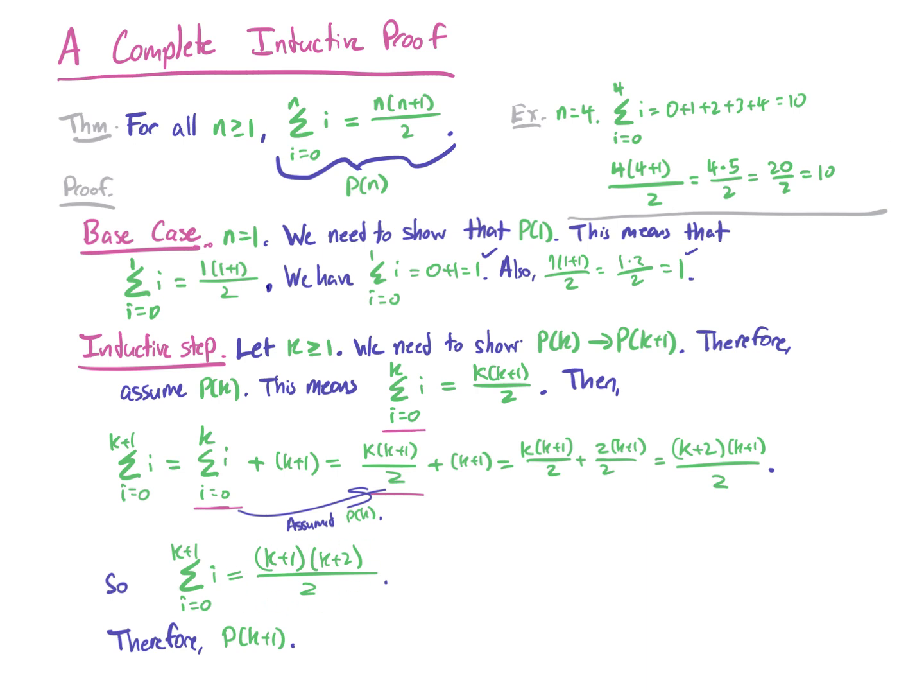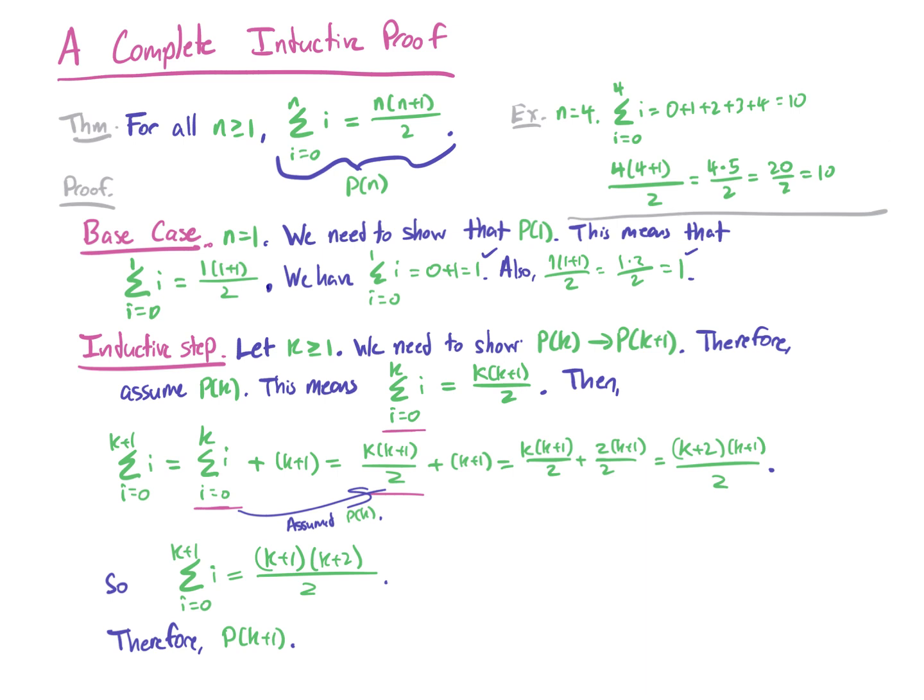So once I've set up my scaffolding correctly, especially in my inductive step, I know that I want to show an implication. I assume the first part of the implication, the antecedent. I cache it out in terms of my definitions. And I chart my course. I say, okay, I want to prove that p of k plus 1. This would have meant that in terms of my definitions, that something is true.